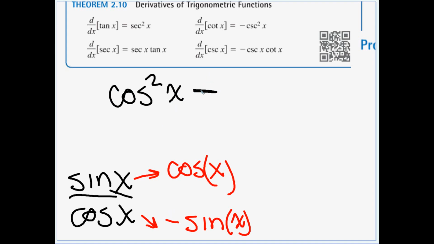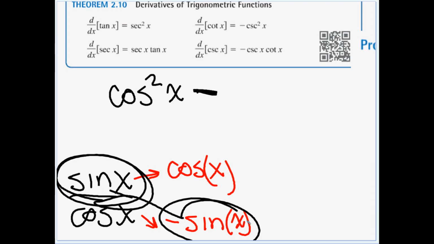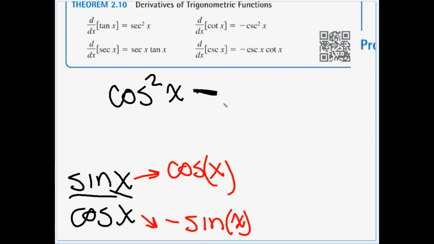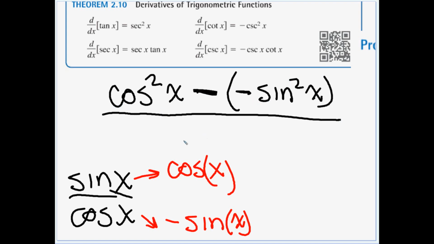Low D high minus high D low. Our high function is sine. D low is negative sine. Sine times sine is sine squared, so that will be negative sine squared x. Low D high minus high D low, square the denominator, off we go. Our denominator was cos x, that will be squared.